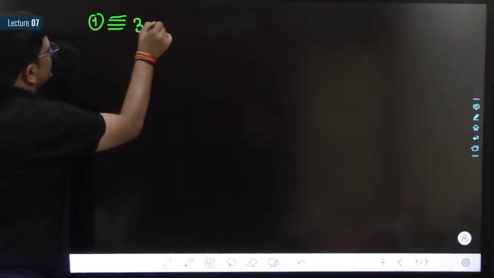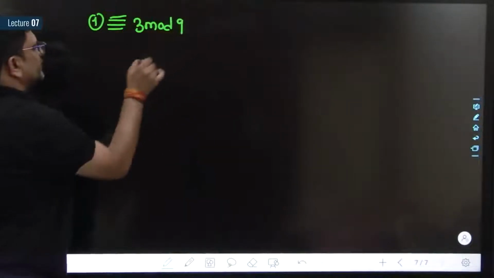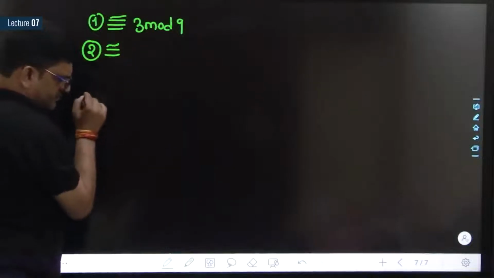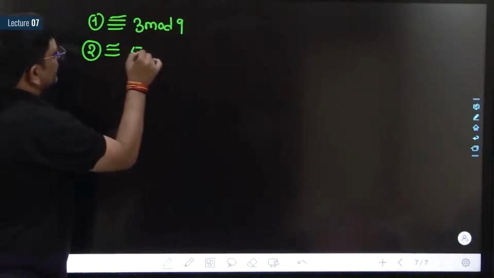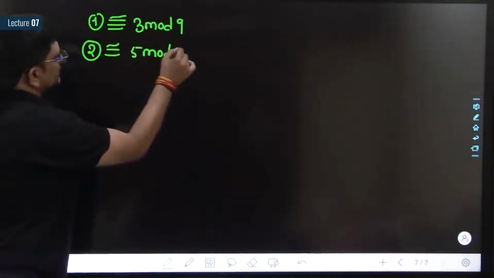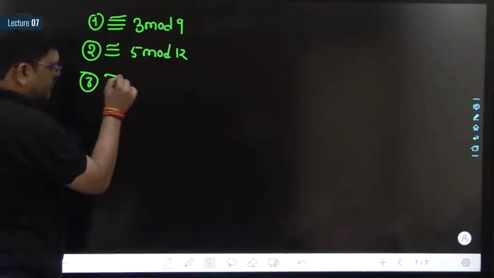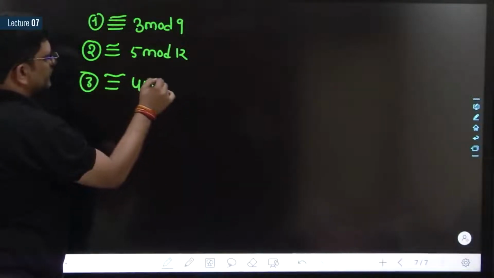Next, congruent to 5 mod 12. Third, congruent to 4 mod 20.